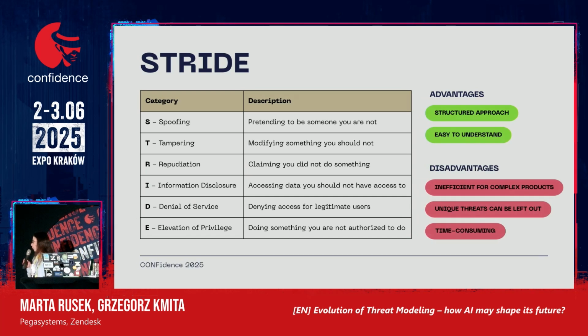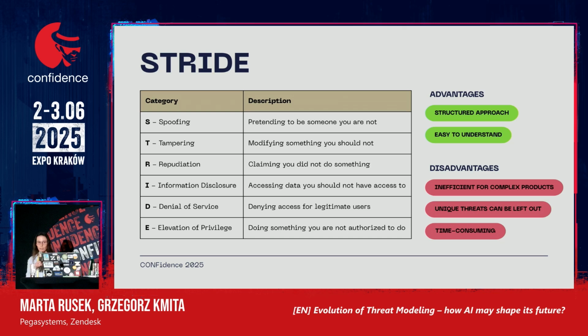One of the most popular frameworks is STRIDE. And STRIDE stands for spoofing, so pretending to be someone else, tampering, modifying something, repudiation, so claiming you didn't do something, information disclosure, so accessing data by someone who shouldn't have access, denial of service, so denying access to legitimate users, and elevation of privilege, which means doing something without authorization.